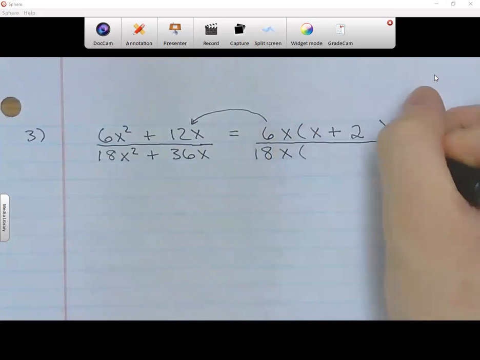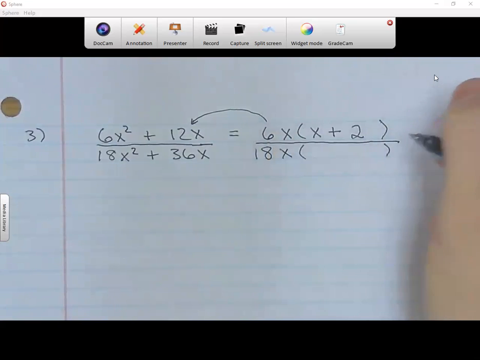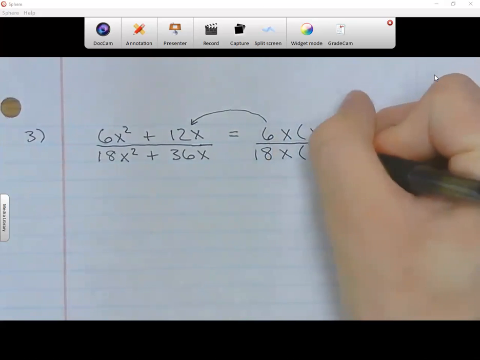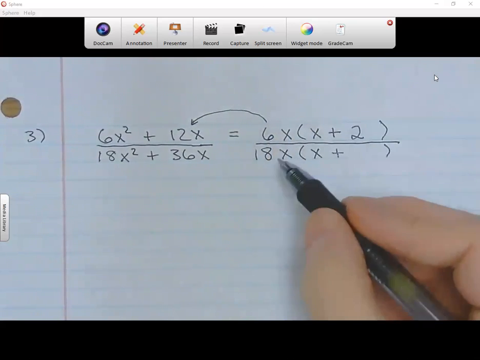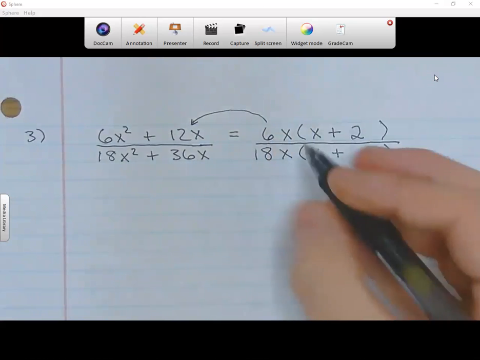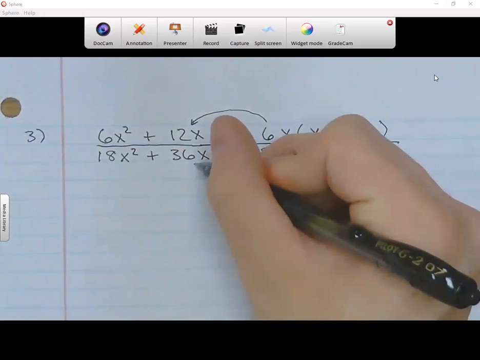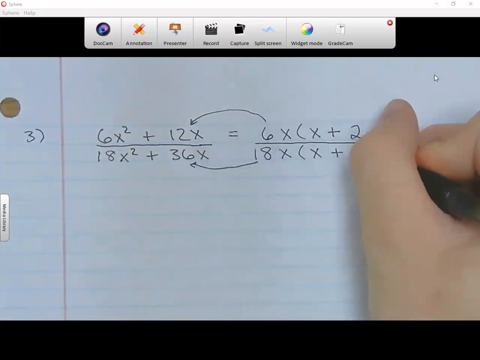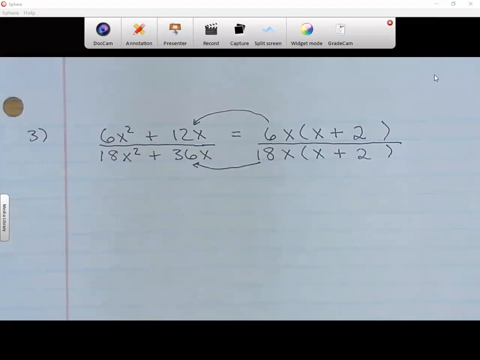They got to have it in common for them to be taken out. So now what am I left with? I need an x, I need a plus, and then what do I multiply 18 by to get back to 36? That's going to be a 2, just like I did on top.